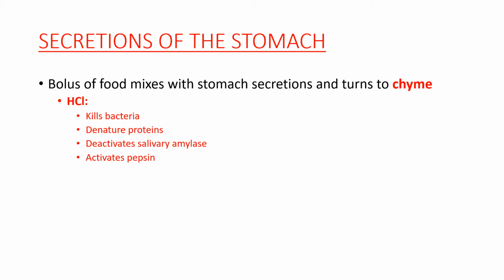Food that arrives at the stomach is called bolus. The bolus of food mixes with the stomach secretion and turns into chyme. Hydrochloric acid acts on the chyme by deactivating salivary amylases.